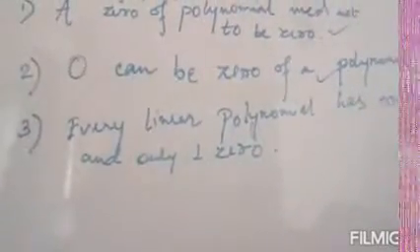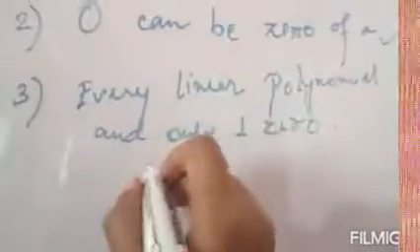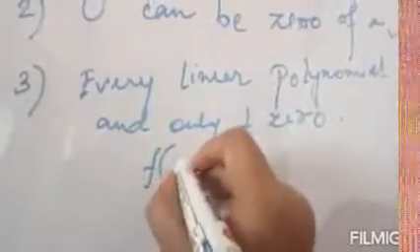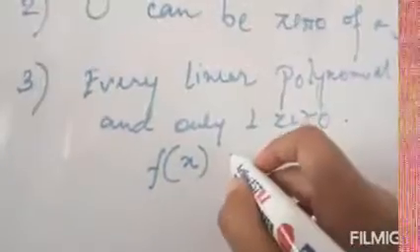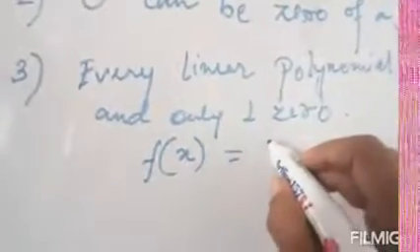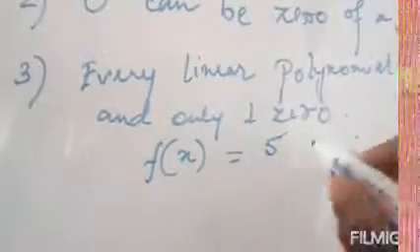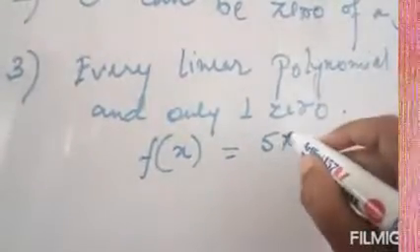Linear polynomial means what? Whose degree is 1. For a degree 1 polynomial, there can be only one zero. Let's consider one polynomial which is having a degree of 1. So let it be 5x.